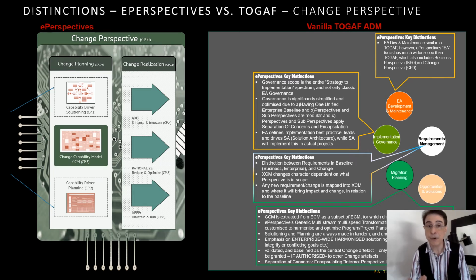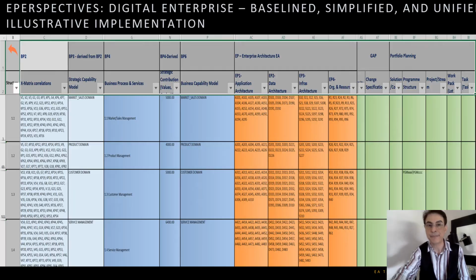Very important in the ePerspectives framework is the emphasis on capability-driven solutioning and capability-driven planning. As I mentioned, ECM is a very key artifact, and everything we do is based on capturing those enterprise capabilities, assessing them the right way, analyzing them the right way, and then making qualified decisions.